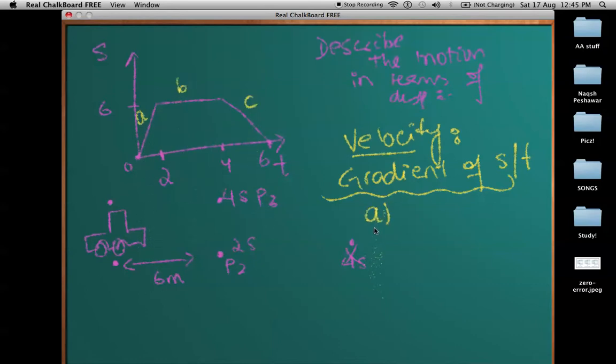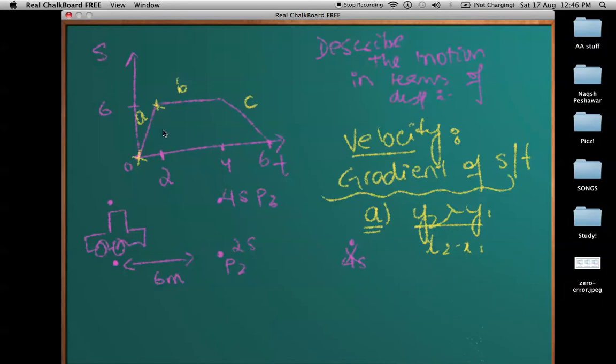From our study and interpretation of gradient, I can tell you that this is a positive gradient because it's increasing like this. If it's going from a bottom point to a top point. Let's find out the gradient of this line, the section A. So y2 minus y1 divided by x2 minus x1.